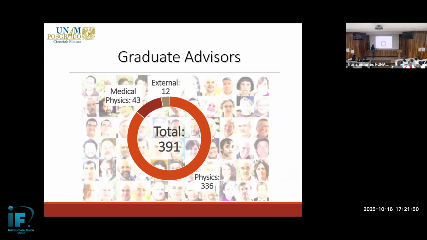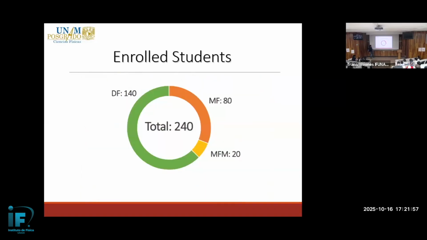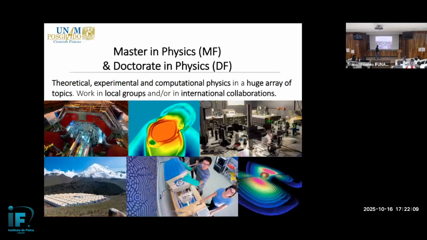We have a total of close to 400 graduate advisors at your disposal in different topics. At any given time, if you count only enrolled students, we have somewhere around 240. So basically 80 in the Master in Physics and around 140 in the PhD program.